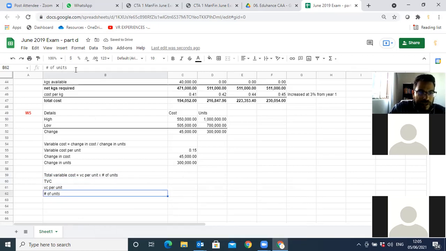Let me just make this clear, number of units produced. So the variable cost, 15 cents, times the number of units we're going to produce, which equals the sales units, 730,000.